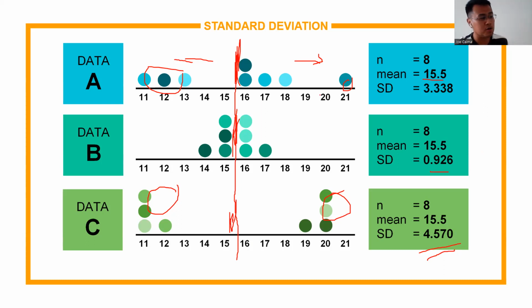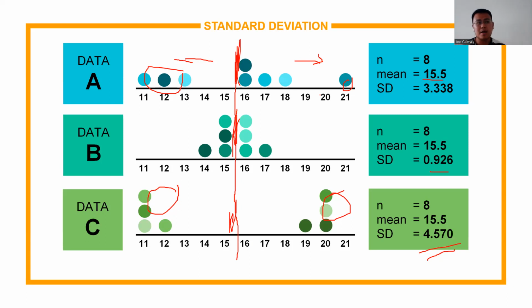Kahapon may nagtanong, sir, paano natin masasabi na mataas or mababa sa standard deviation? Okay? Wala tayong basis doon. Kung nag-iisa lang siya, hindi natin pwede sabihin na mataas o mababa siya unless kino-compare natin siya sa iba pang mga standard deviation.